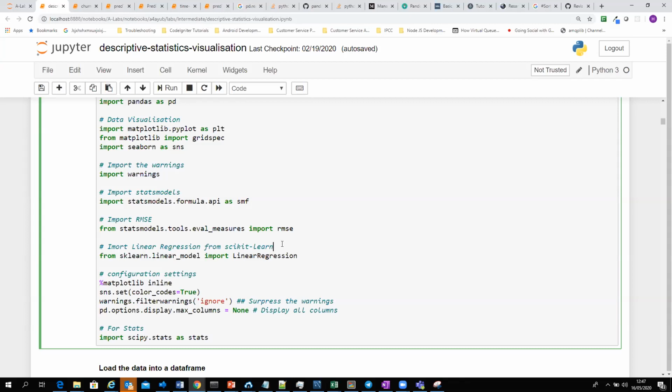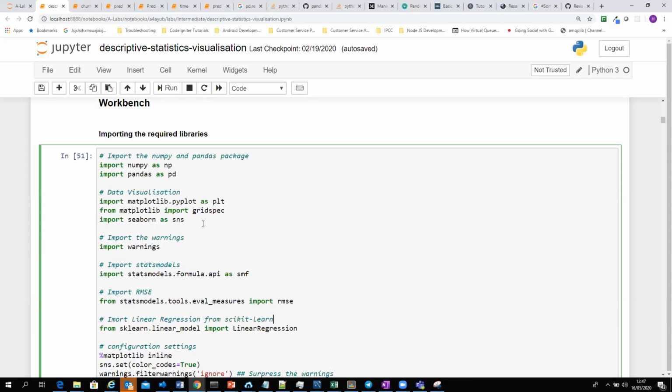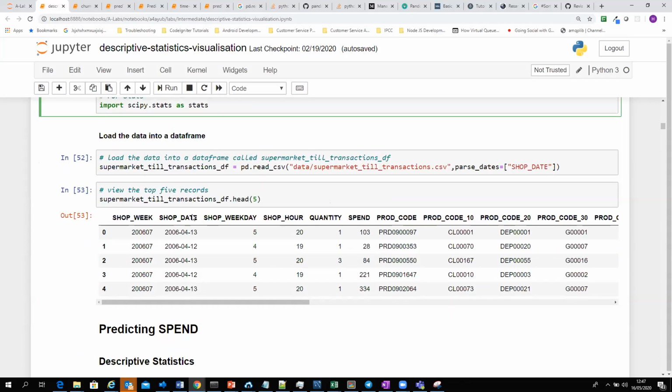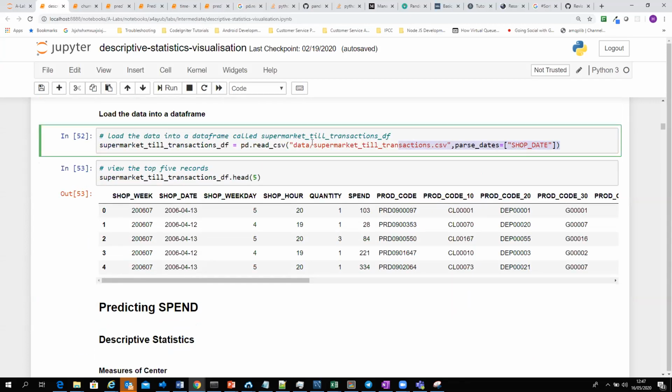Okay, so the first cell is where you import your libraries, and the second is where you import your data sets into a data frame. If your data set has dates, it's always good to parse those dates so that by the time you're importing it, it is already converted into date format.